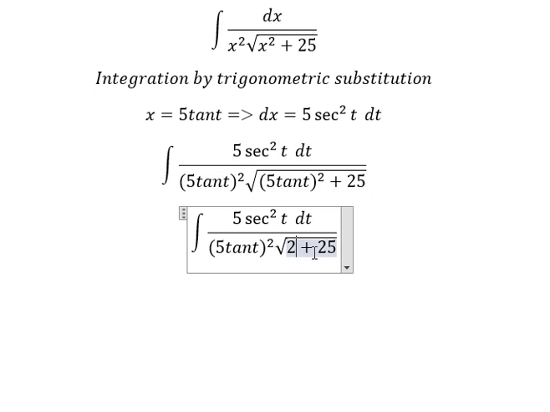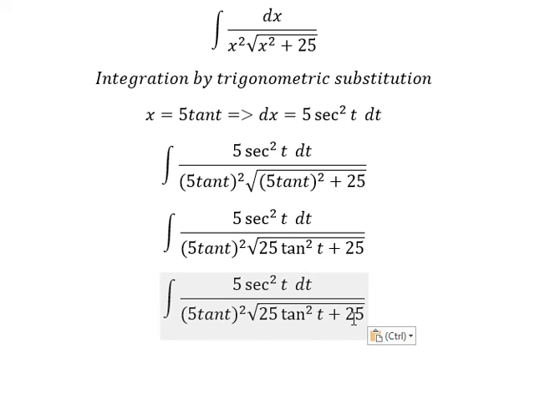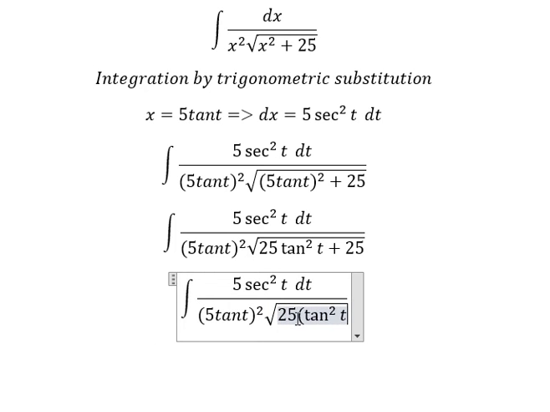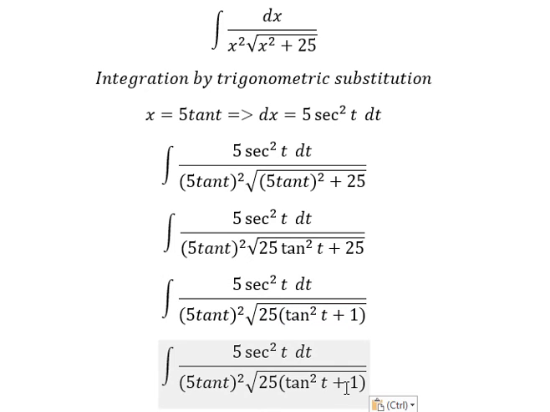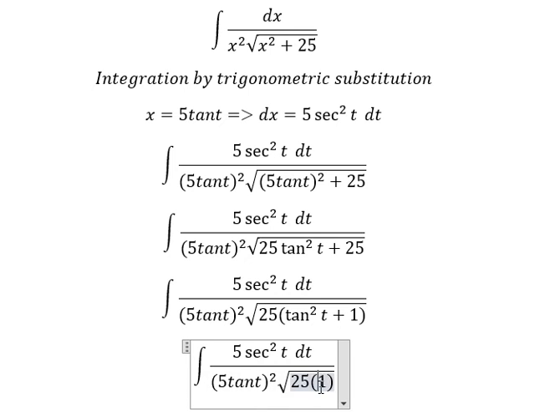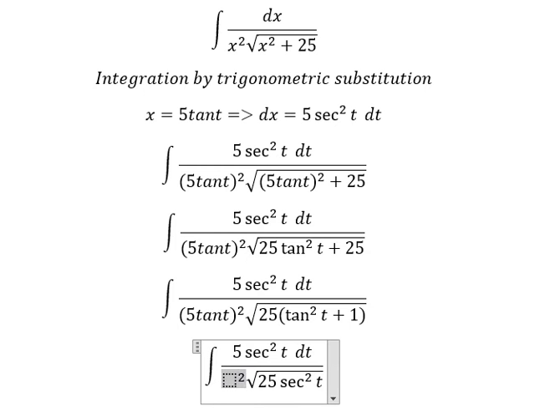So we have 25 tan t squared, number 25, you can do factorization. This one you get secant t squared. This one you get number 25 tan t squared.